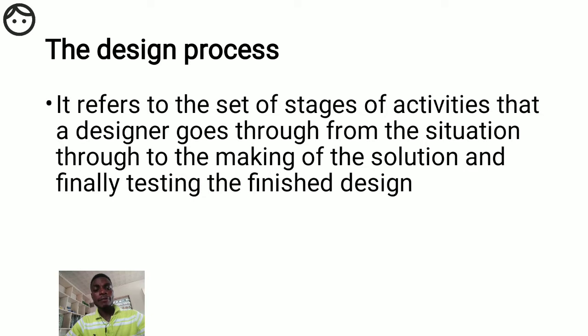Now, there are various stages in the design process. In designing an artifact, the designer first has to identify the problem that the artifact is going to solve. Now, how does one identify the problem?